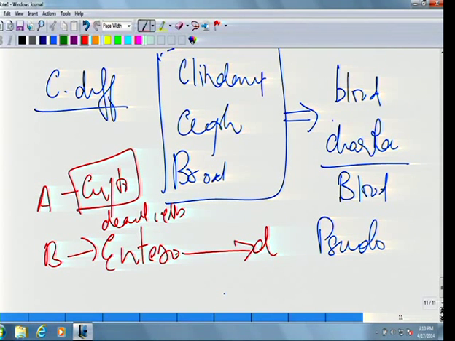This is A and this is B. The enterotoxin causes the diarrhea. That is clear. Entero causes the diarrhea, and the cytoskeletal rearrangement causes the death of the cells, and that is responsible for the pseudomembrane. The pseudomembrane is an aggregation of dead cells.